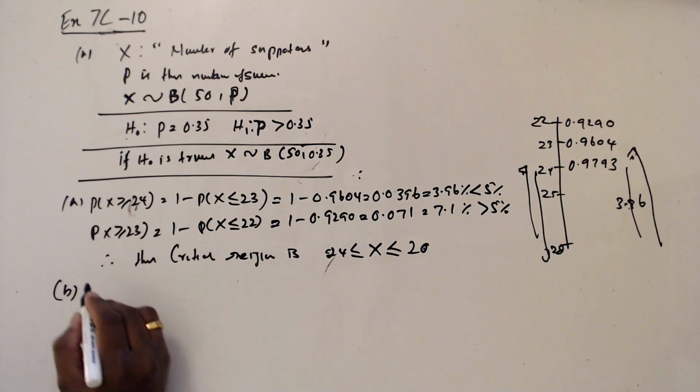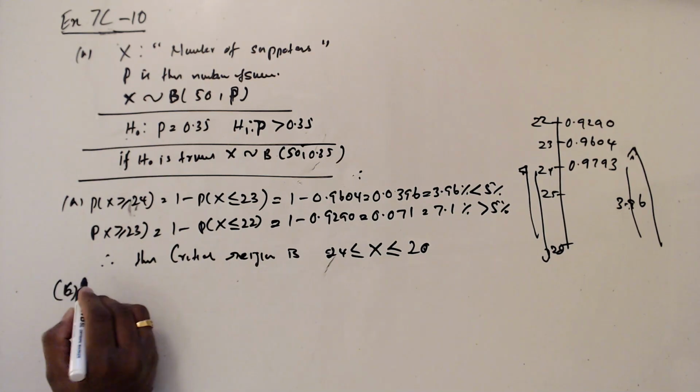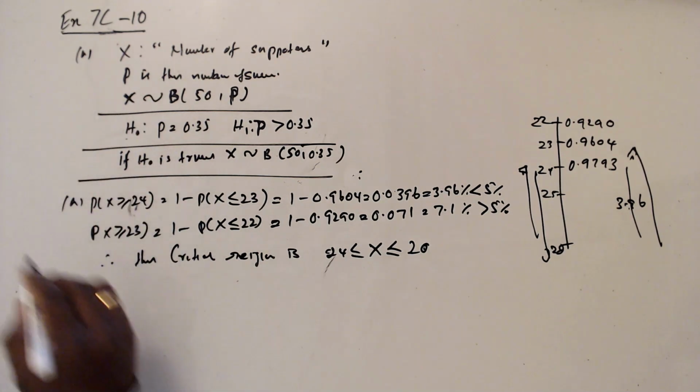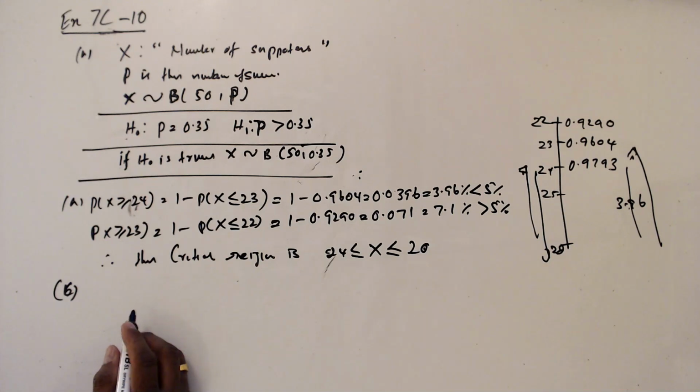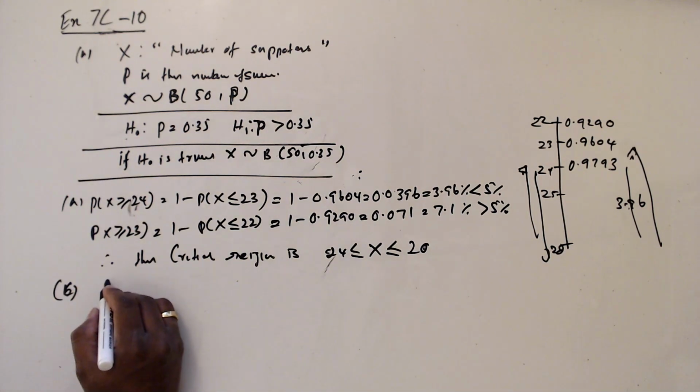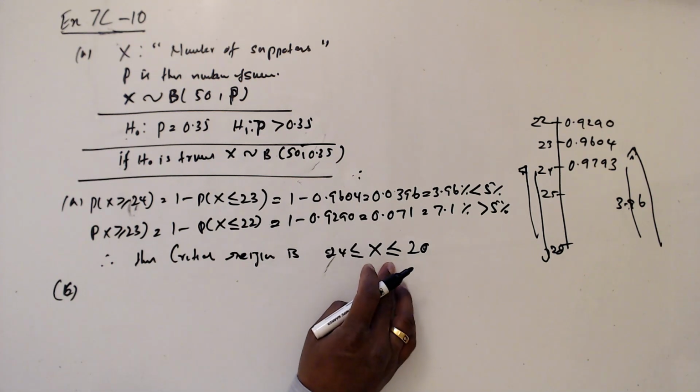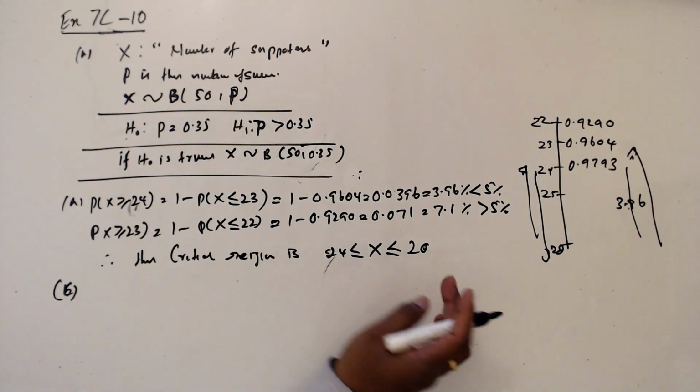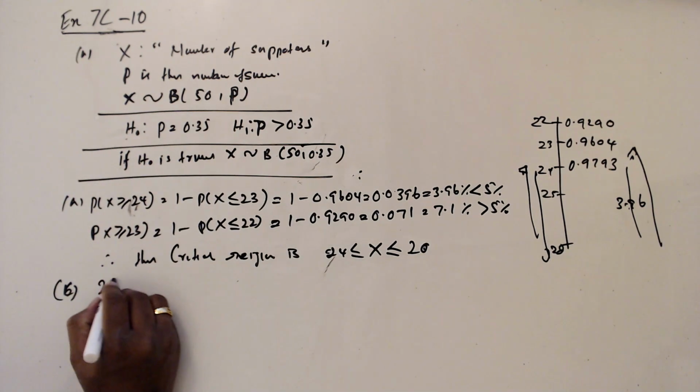And part C: 28 people were found. Now 28 lies in here, so 28 lies in the critical region.